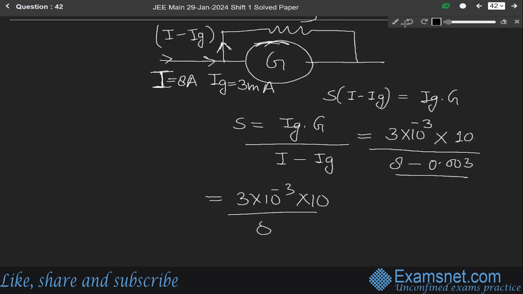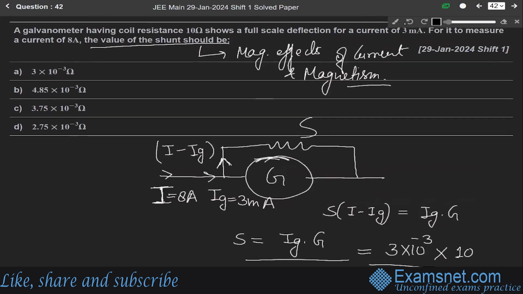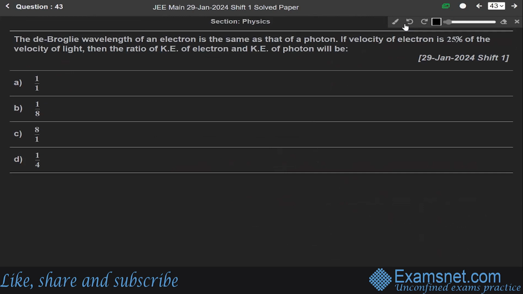So it will be equal to 3.75 into 10 to the power minus 3 ohm. So the correct answer is 3.75 into 10 to the power minus 3 ohm. That is option C.